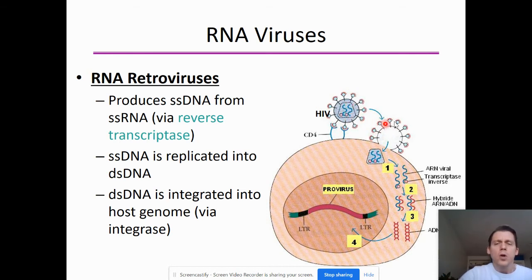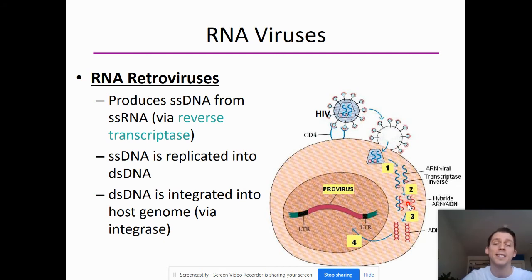So the virus infects the host cell, the RNA goes in, and then a particular enzyme called reverse transcriptase. So think about that. What is transcription? Transcription is taking DNA and turning it into RNA. So reverse transcriptase is going to be taking RNA and turning it into DNA. So reverse transcriptase makes DNA out of the virus's RNA.